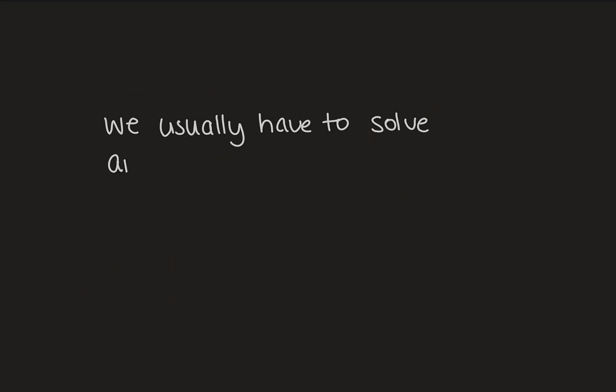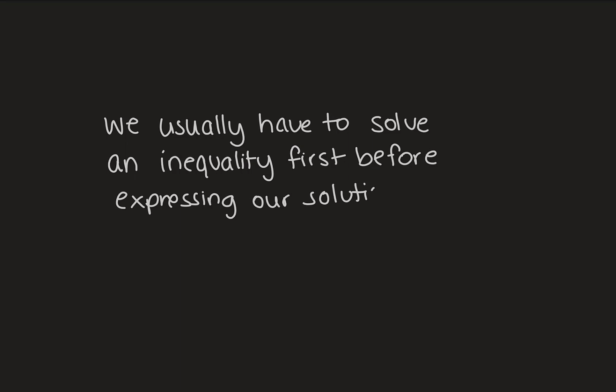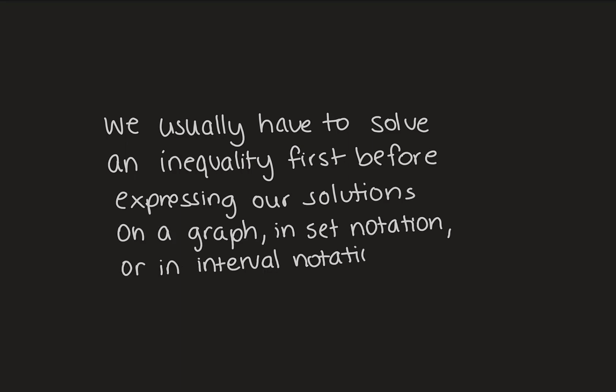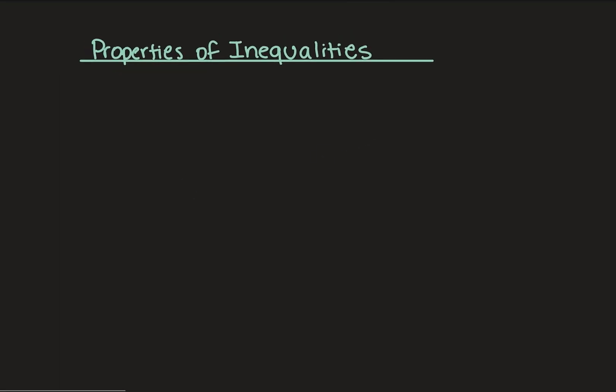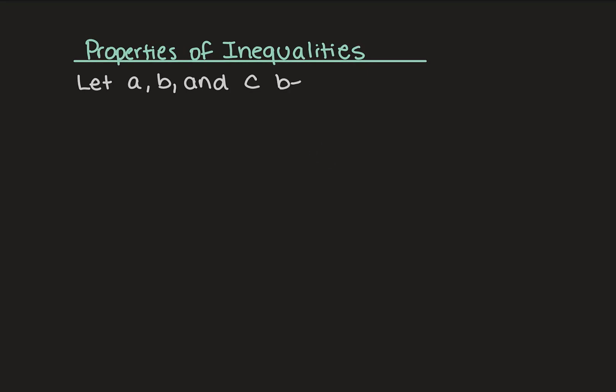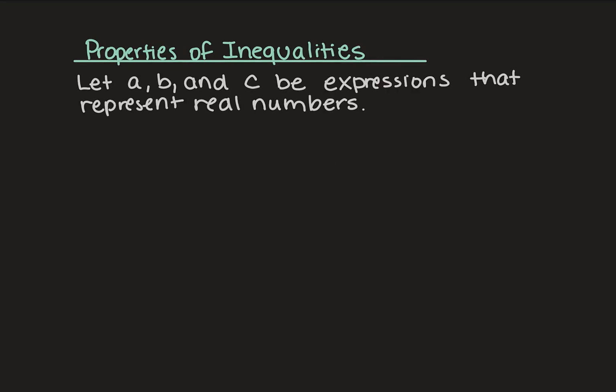So we usually have to solve an inequality first before expressing our solutions on a graph, in set notation, or interval notation. Let's go over some properties we use for inequalities, and these will be similar to the properties we use for equations. So we let a, b, and c be expressions that represent real numbers.